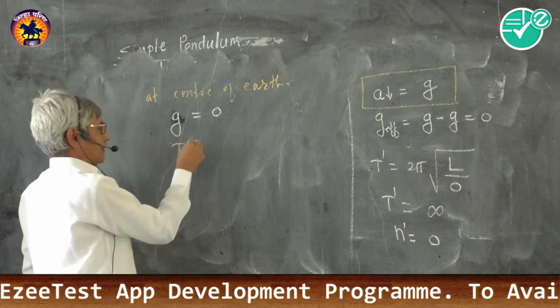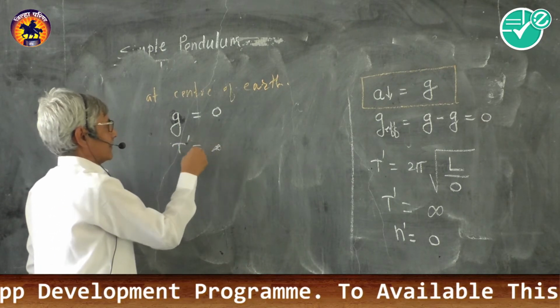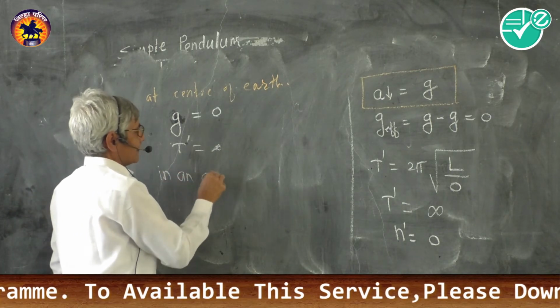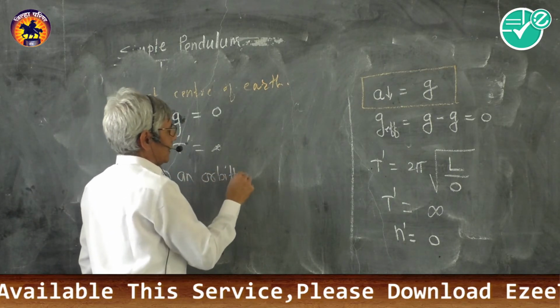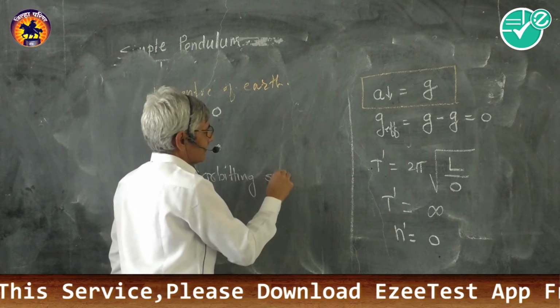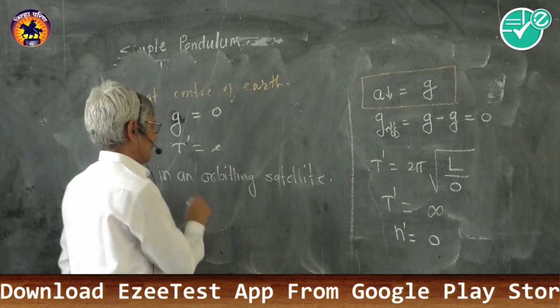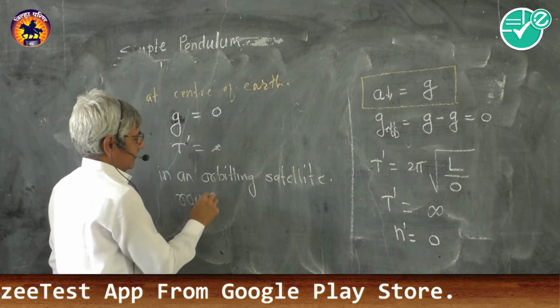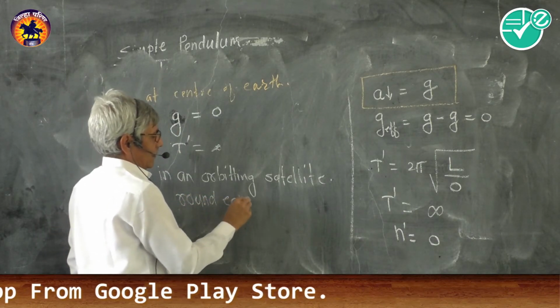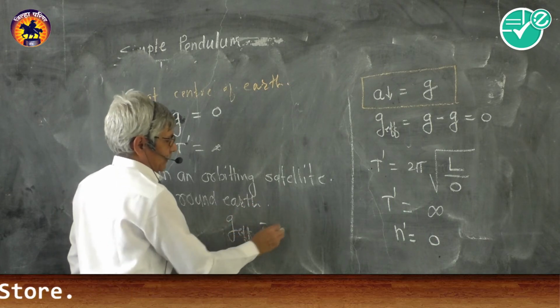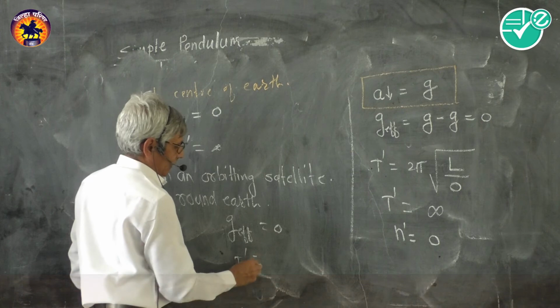So once again, the period T dash will be infinite. The same thing happens in an orbiting satellite around the Earth. g effective becomes 0 and T dash will be infinite.